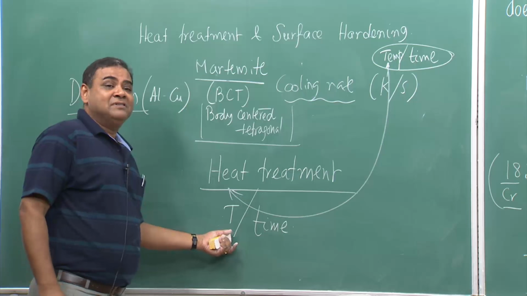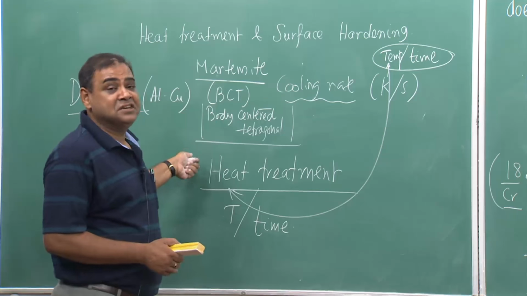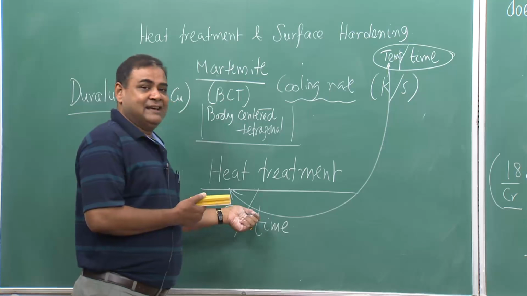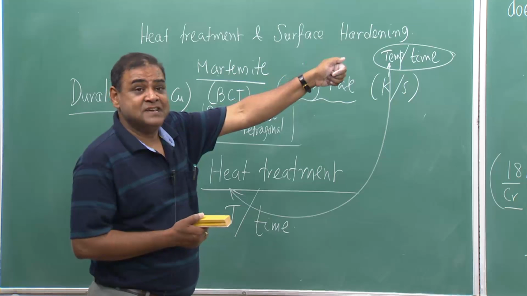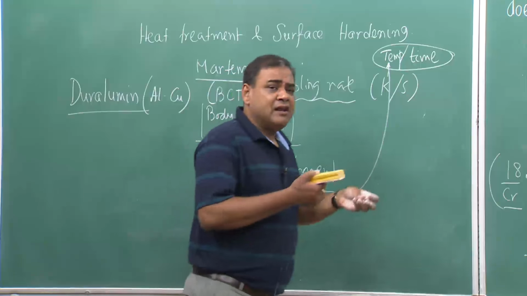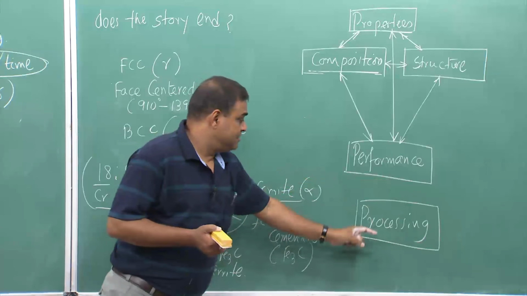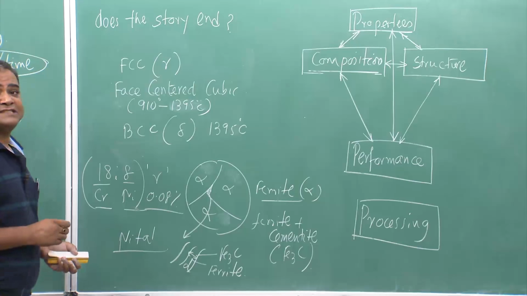Though it looks simple, there will be many complications, but my intention here is to tell that it is not only composition and structure that give the properties, rather there is one more way where we can have a large number of changes in the properties as well as structure, which is the processing, and heat treatment falls under processing.